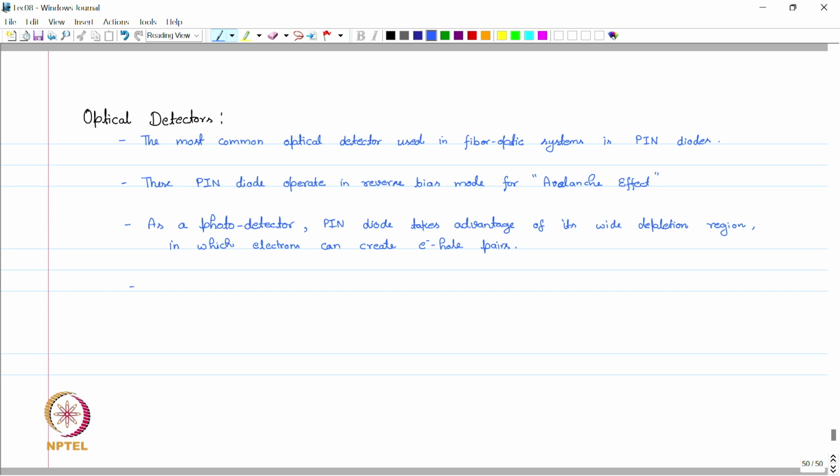And for these devices, the junction capacitances should be low, to allow for fast switching.